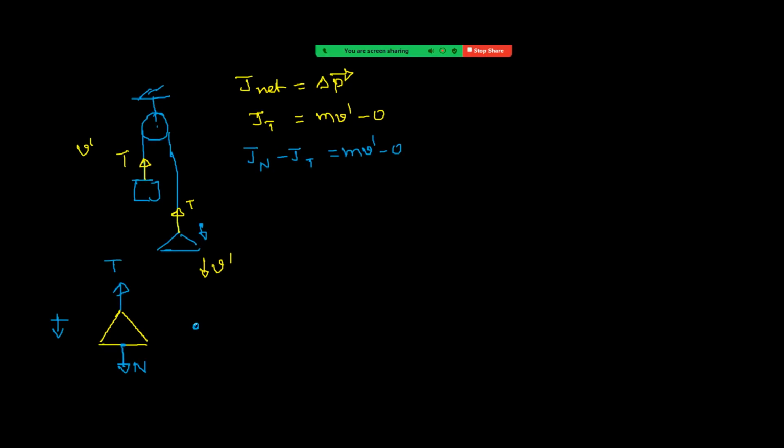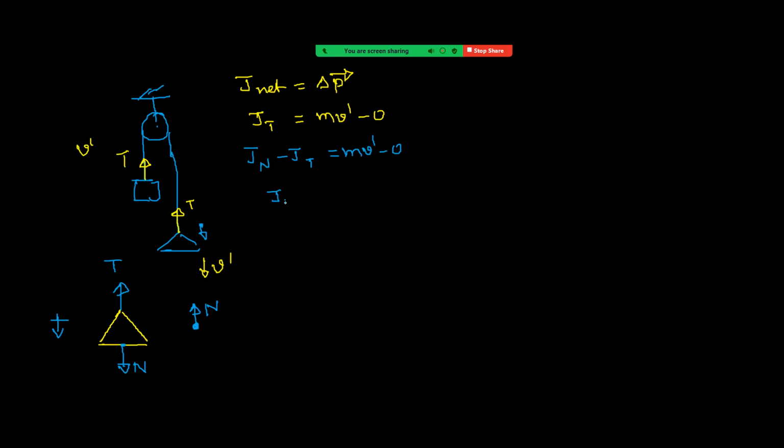For the particle, the only force is now by the pan on the particle, that is N upwards. We are neglecting gravitational force because the normal reaction is now very large. Therefore, the impulse due to normal reaction, following the same sign convention with down as positive, is negative since it is upwards.